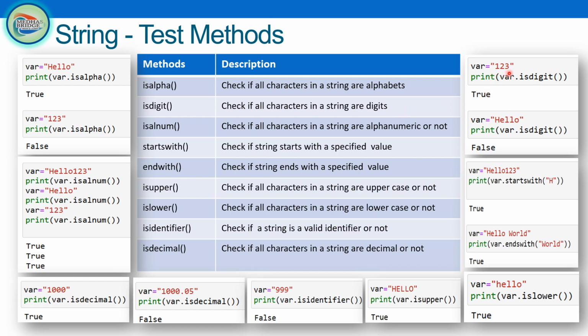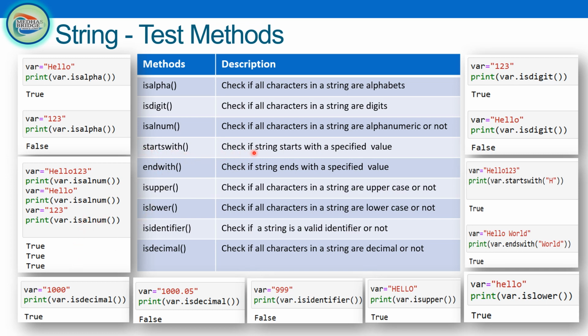The string contains all digits, so it returns true. Otherwise, it returns false. isalnum checks if all characters in a string are alphanumeric or not. Here is an example. The string contains all alphanumeric characters, so it returns true.